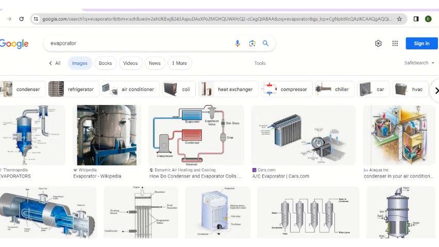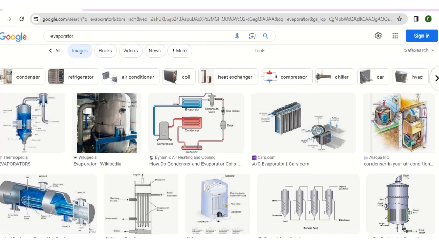If you take an HVAC cabin, whatever humidity is there, it will try to evaporate the humidity. So this evaporator is trying to evaporate the coolant here.